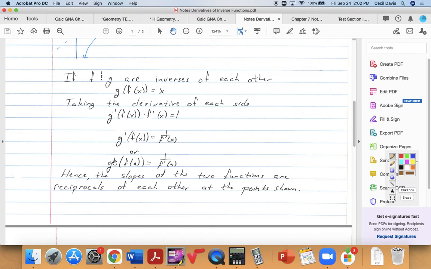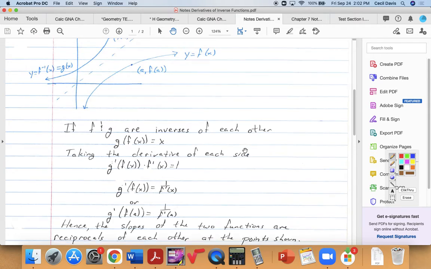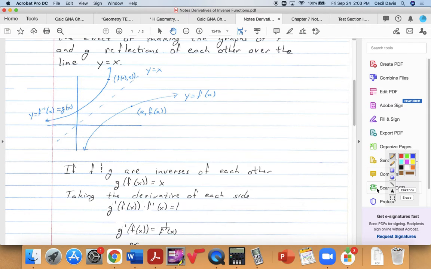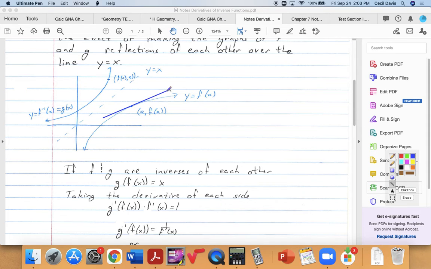Or, if you prefer, at a particular point, g prime of f of a is equal to 1 over f prime at a. So that means if I go back to this, if I was to draw in the tangent lines, the slope of that line would be f prime at a.